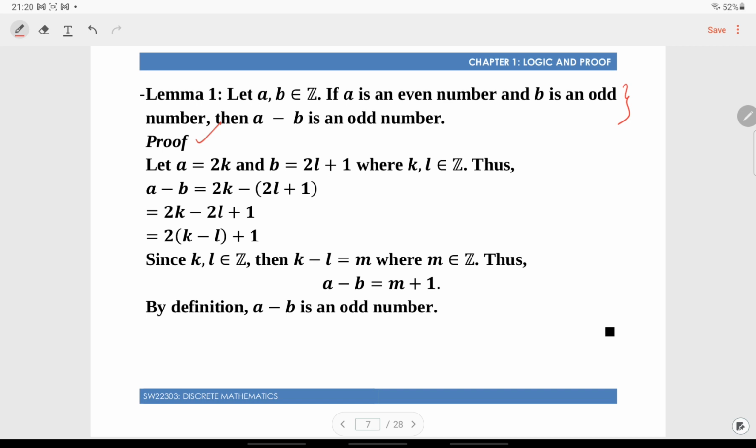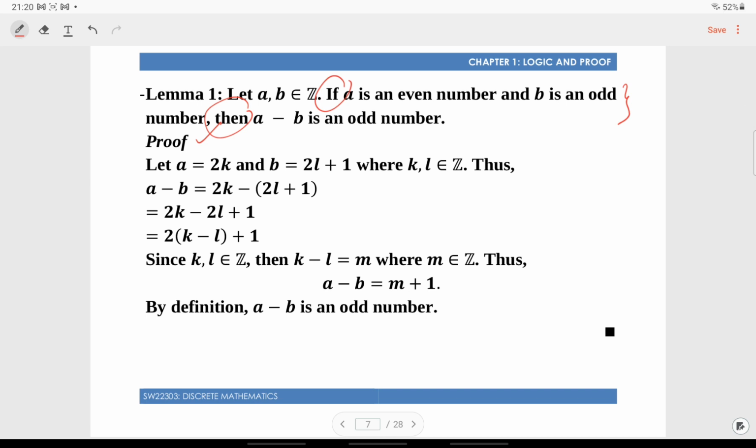We start from the given information. We have two integers, a and b. The first step is to assume the given condition, because this is an if-then statement, a conditional statement. So we have: if a is an even number and b is an odd number.